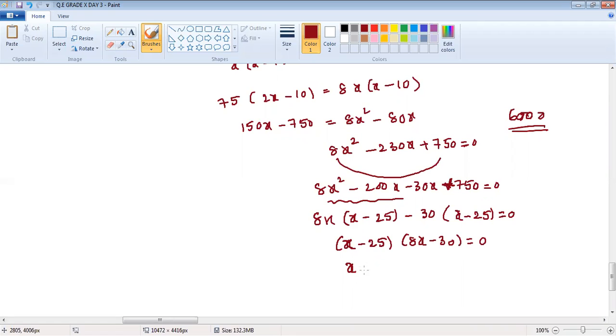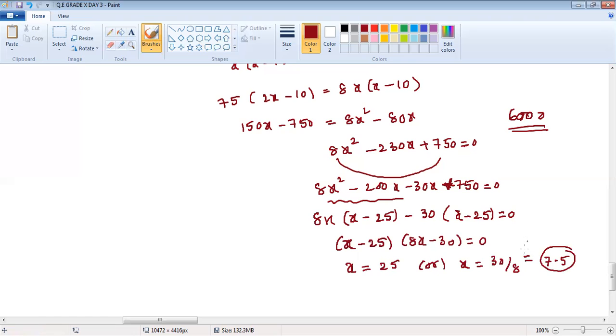Then x is 25 or x equal to 30 by 8. See, 30 by 8 means how much? 7.5 hours.